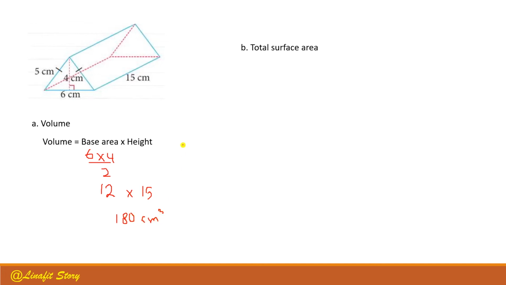To find the total surface area is 2 times base area plus the base perimeter times height. The base area is 12, so 2 times 12 is equal to 24.